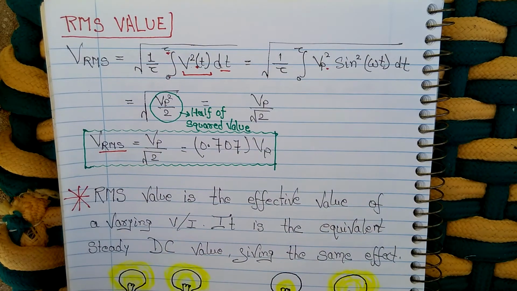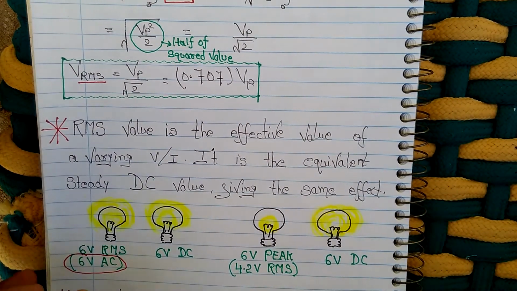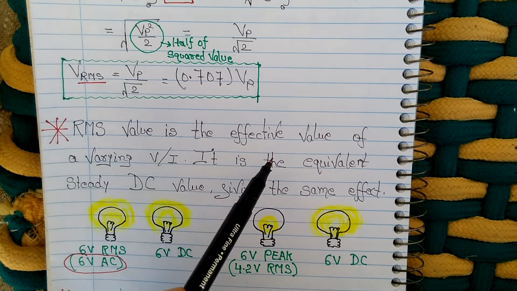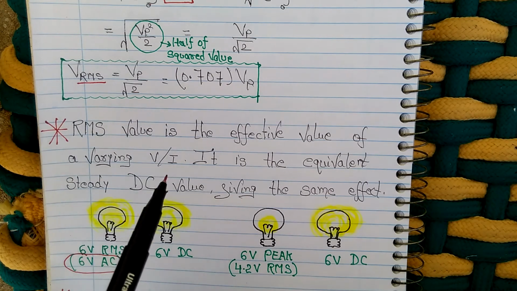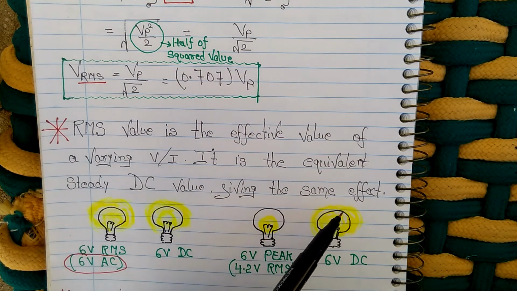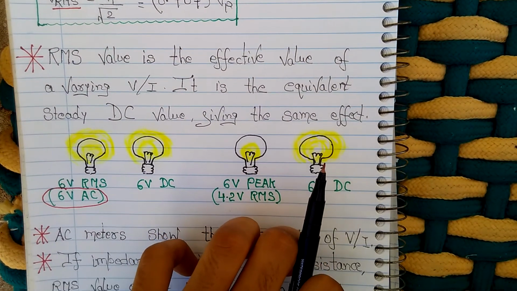Now if you have read about RMS, one sentence always strikes: RMS value is the effective value of a varying voltage or current. It is the equivalent steady DC value giving the same effect. So what does this actually mean?